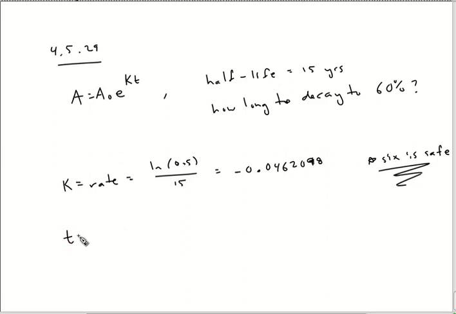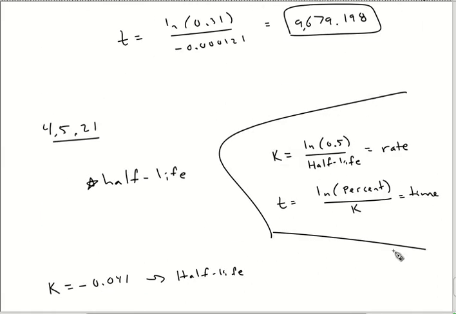Now, T is my time. They say how long to decay to 60%. So if you go back to the formula, that 60% goes right here. That's my percentage. Remember that it's in decimal form, divided by the rate, which we just found. I'm not writing those two formulas down all over again, but these formulas are right here. All I'm doing is literally copying those in.